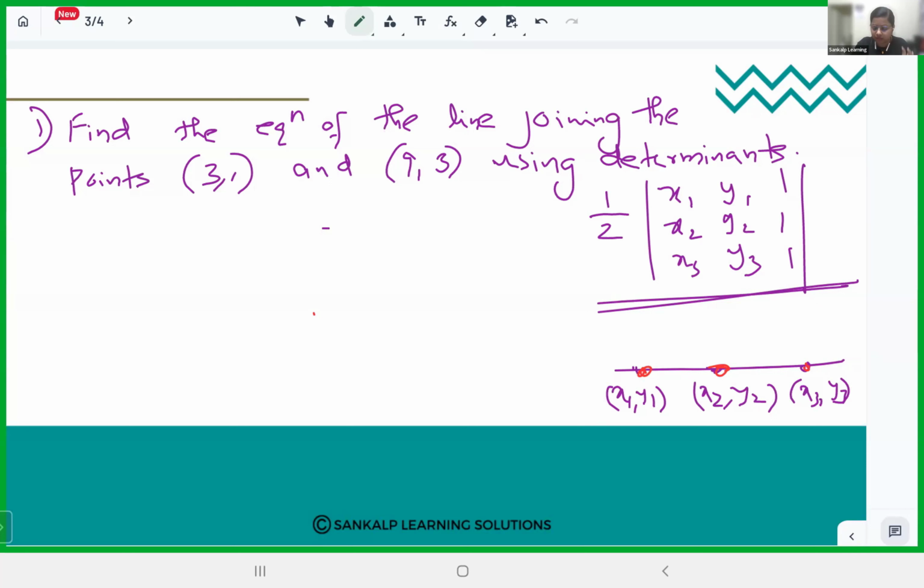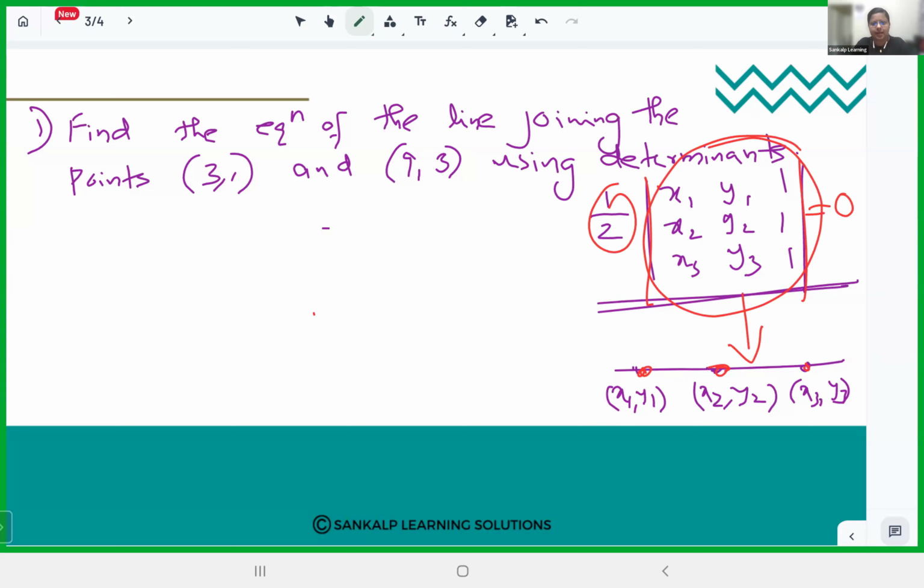So the area of the triangle will become 0, which implies if you take the 1 by 2 to that side, 0 into 1 by 2 is 0, right? So you can say that the value of this determinant will be 0 if the points are lying on the same line. If the points are collinear, this determinant will be equal to 0.